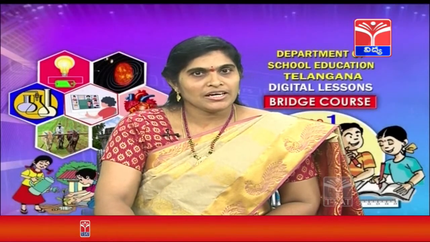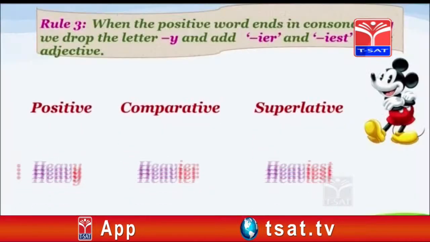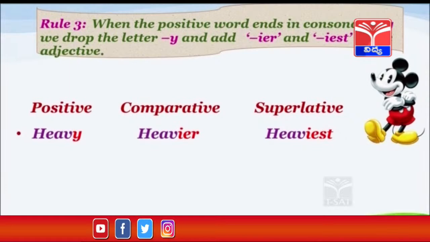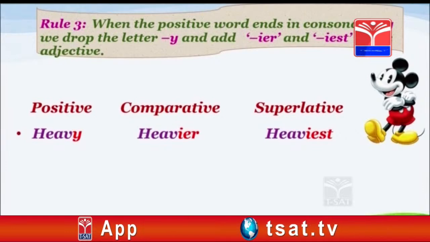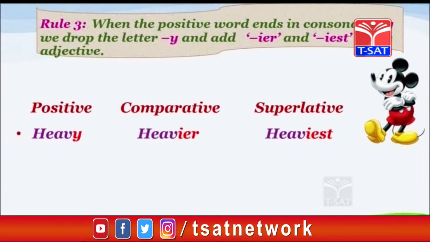Okay, children. Here we are with the rule number 3. If you observe, the word happy or heavy ends with the letter Y. So, rule number 3 is when the positive word ends in the consonant Y, we drop the letter Y and we add the letters IER in the comparative degree and IEST to the adjective to make it superlative degree.